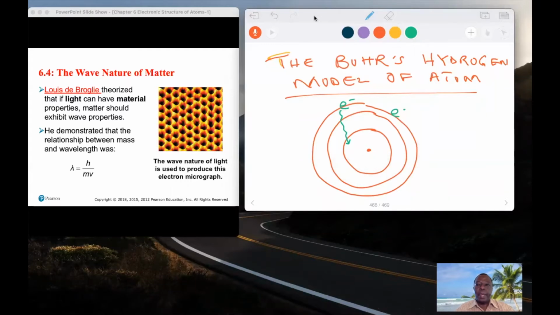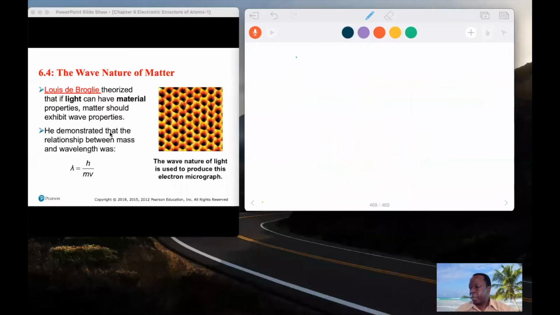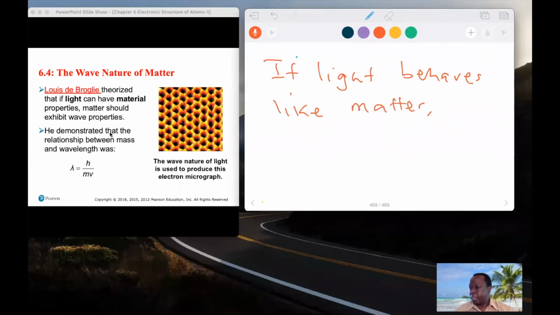He theorized that if light behaves like a wave, if light behaves like matter, then why not the reverse, matter like light.